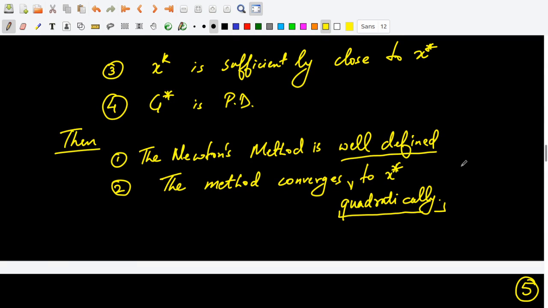That's the great thing about this method, and it's very tempting to use because of this quadratic rate of convergence. The book actually has a nice example where it shows that for a given nonlinear function, it goes to the optimal point extremely fast.